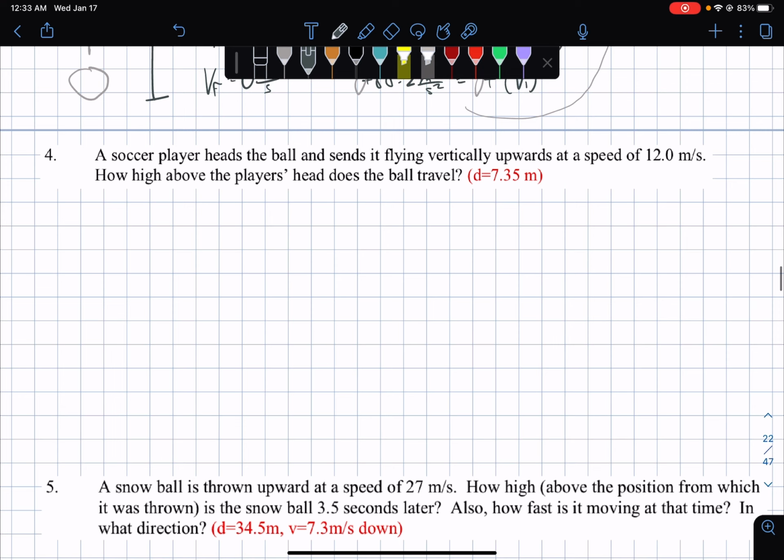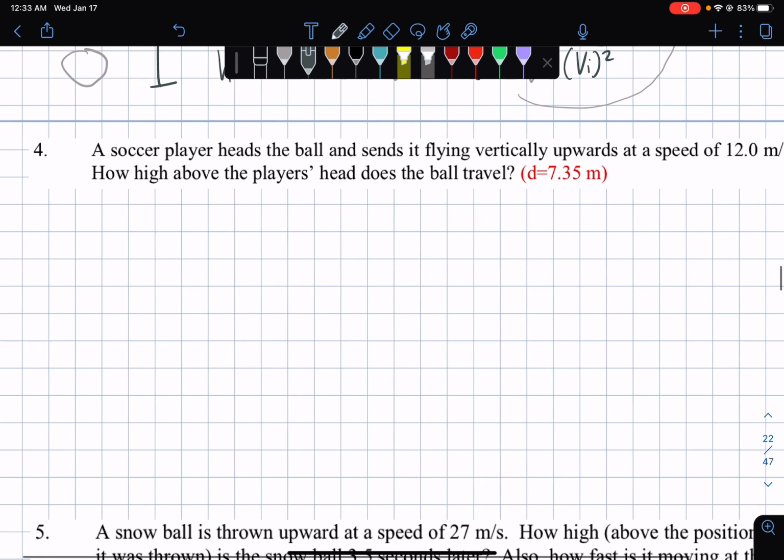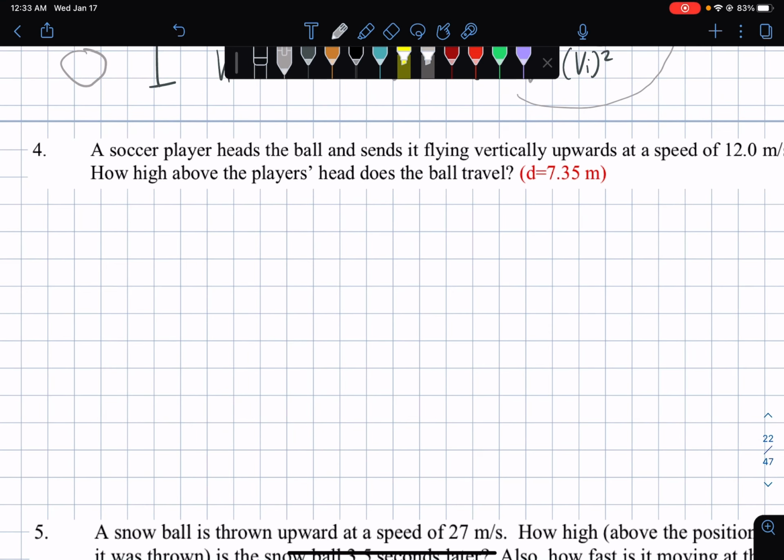What's number 4? A soccer player heads the ball and sends... I think this is, I'm not really familiar, based on my local culture, soccer isn't really popular, so I'm not familiar with what head means, but in movies, I think I've seen it.